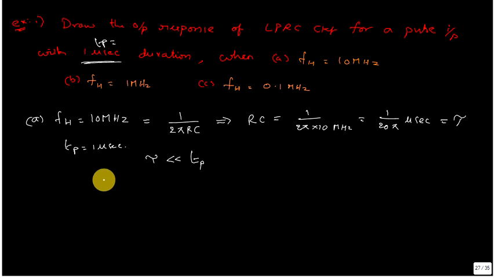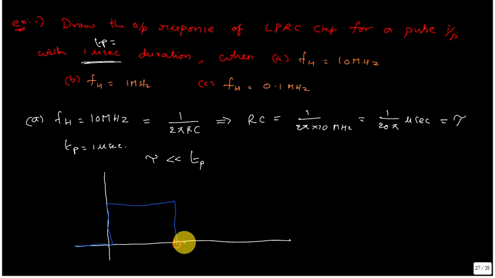Okay, so we can draw the response like this. If this is the input pulse and this is Tp, with an arbitrary voltage V assumed, the output response is like this.